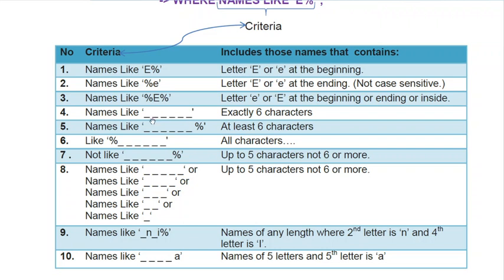But to explain to you, I've used gaps here so that you can count: 1, 2, 3, 4, 5, 6. 6 underscore symbols. So it will include the names having exactly 6 letters. Names with more than or even less than 6 letters will not be included in the output.